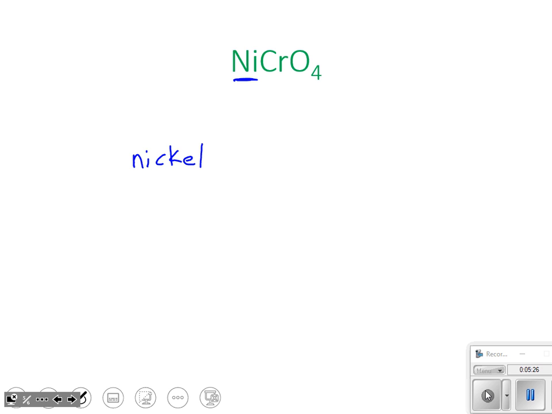When I look up nickel, it takes a +2 and a +3. So I'm going to need a Roman numeral. I put my parentheses in there so I don't forget my Roman numeral. And I need to find out what this CrO4 is. So I look at my polyatomic ion list for CrO4, and it is chromate.